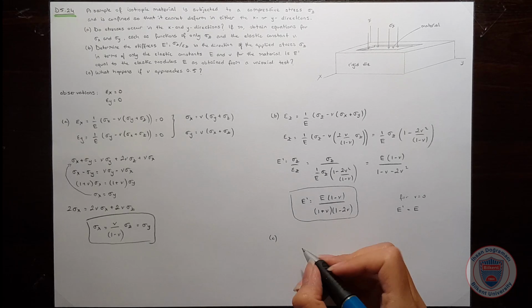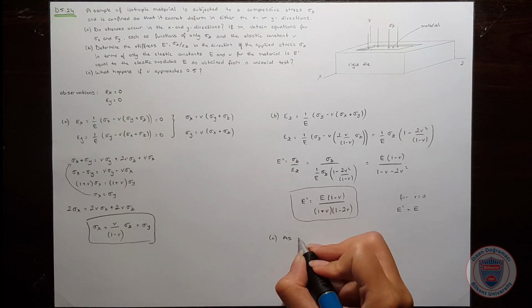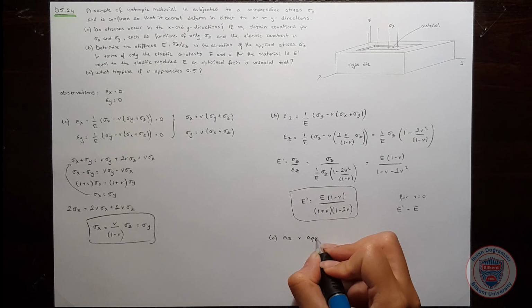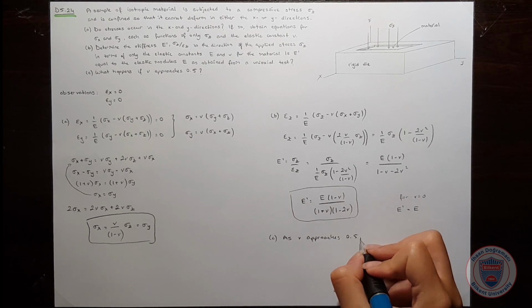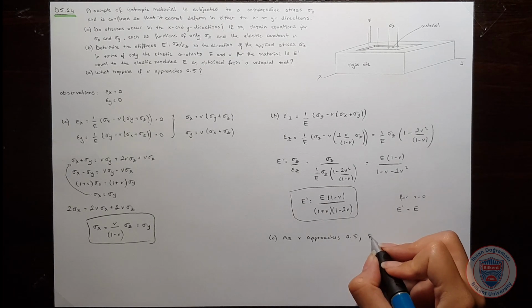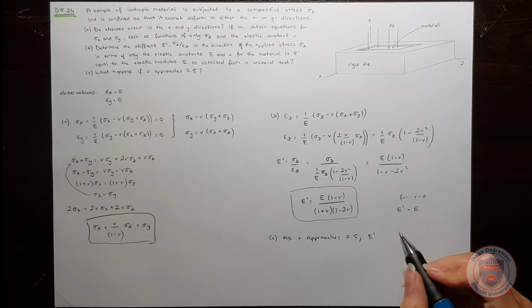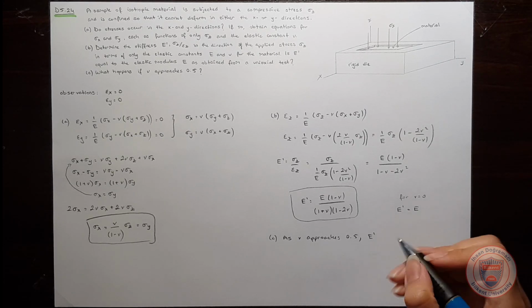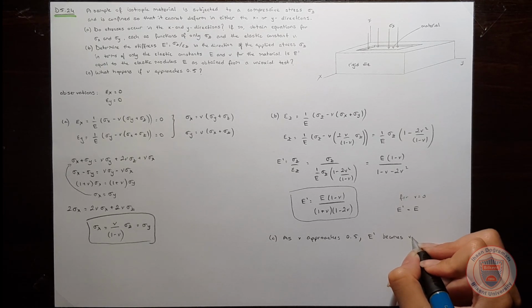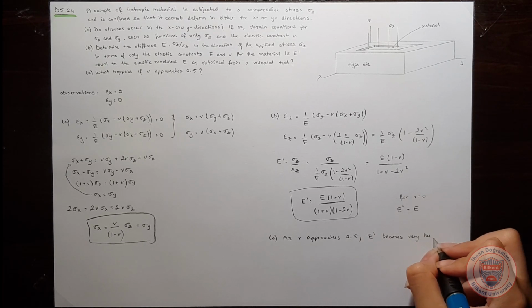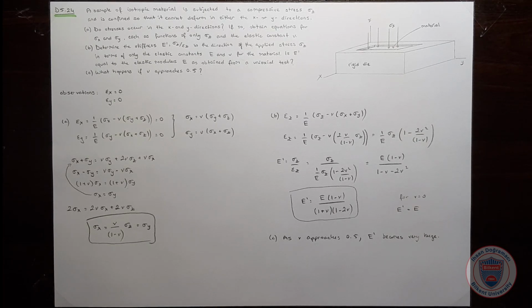So we can say that as Poisson's ratio approaches 0.5, stiffness in the z direction becomes very huge. And that's all.